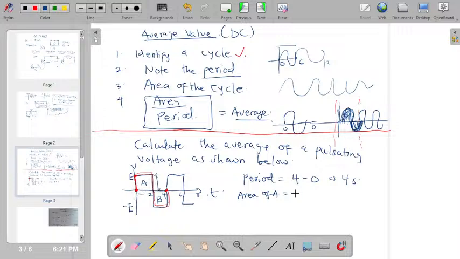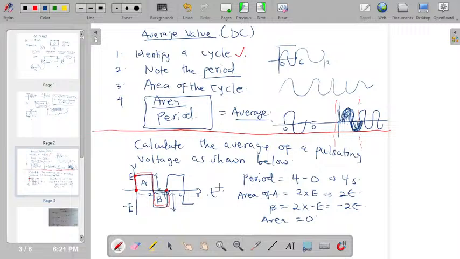So I'm going to have 2 times E, and that gives me 2E. Then for B, the base is still 2, and the height becomes negative E, right? So the area of B is equal to 2 times negative E, which gives negative 2E. So the total area becomes 2E plus negative 2E, which gives an area equal to 0.